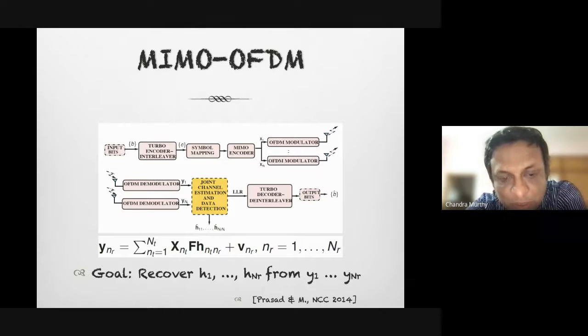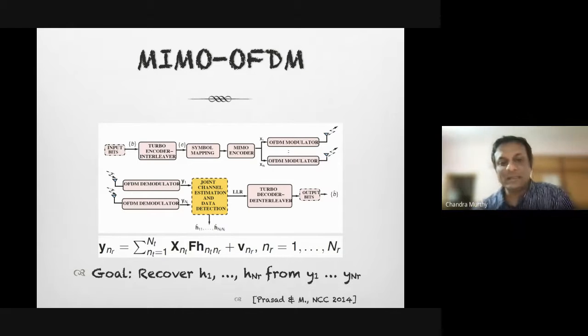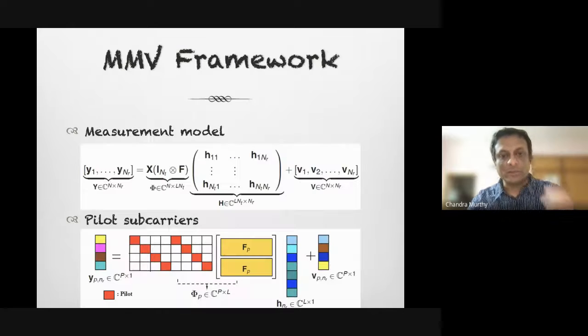So you'll need to do this kind of an alternating optimization where you estimate the channels, then you follow it up with trying to detect the data, then you substitute the data into this X_NT, go back and estimate channels, etc. And also simultaneously exploit the joint sparsity of this H_NR,NT across different values of NT, NR. So that can be done, and there are some details in these slides.